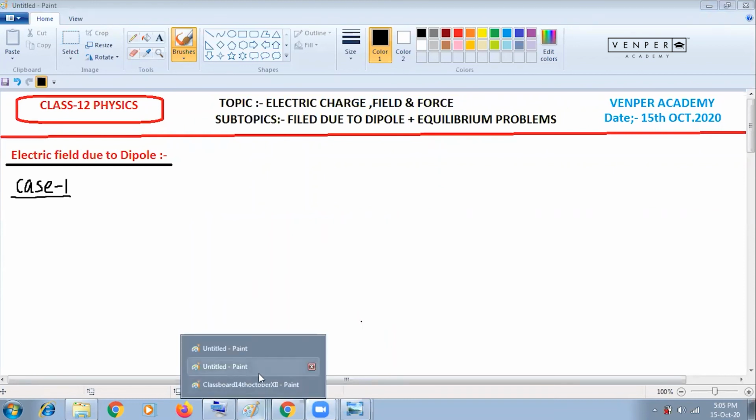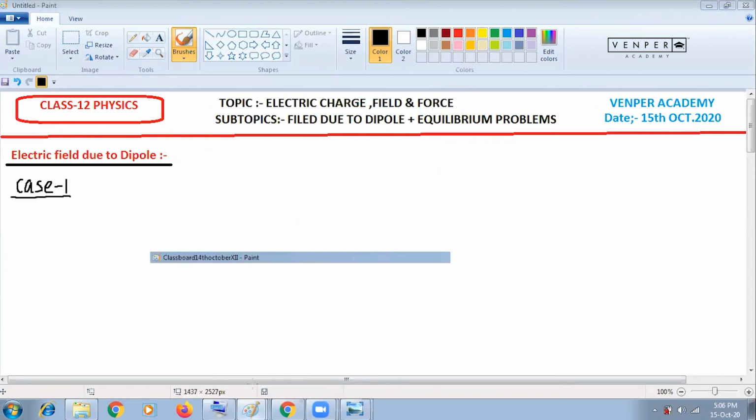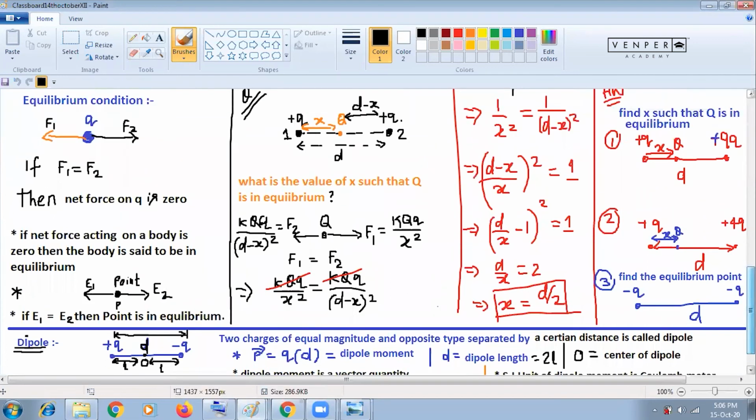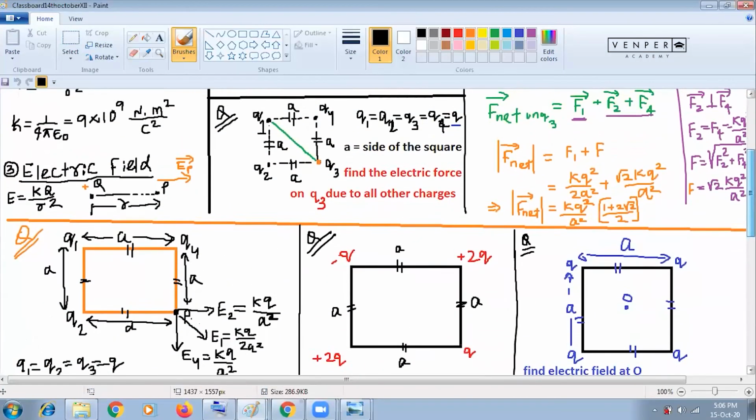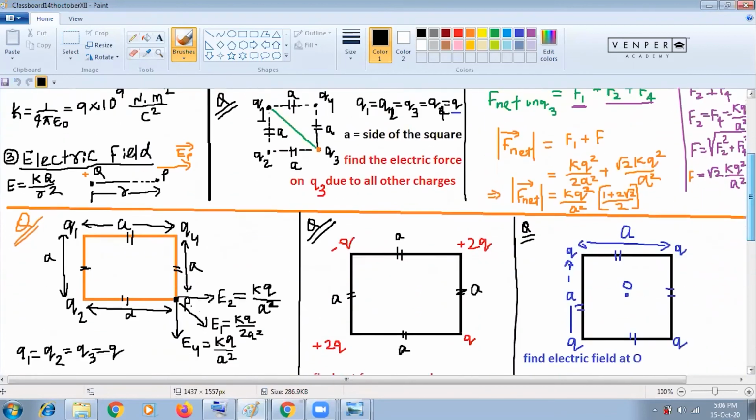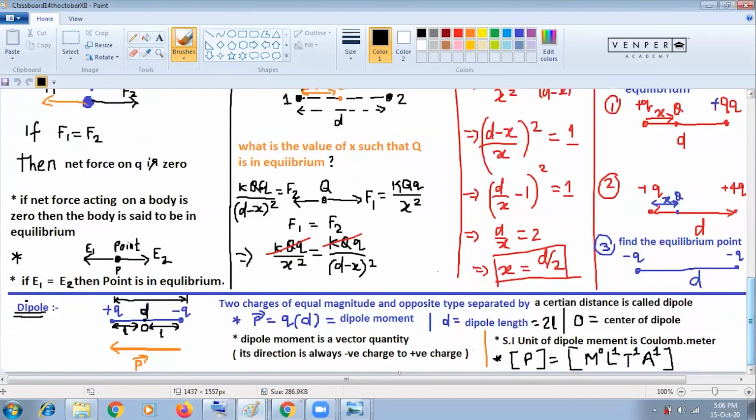Otherwise, I'll send this PDF today, yesterday's PDF. Which one do you want to copy? Last time, the dipole moment: dipole moment, vector quantity, direction is negative to positive.